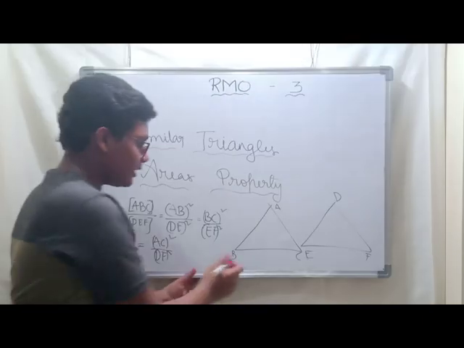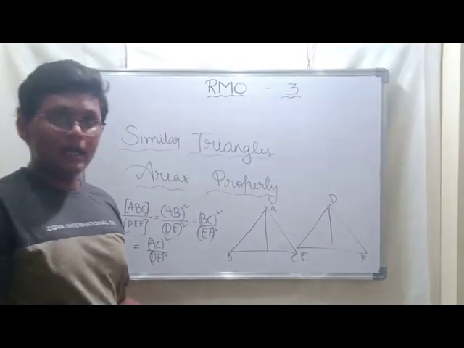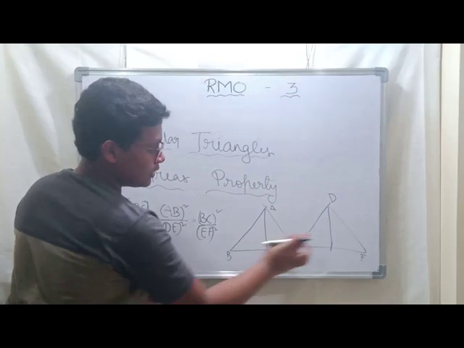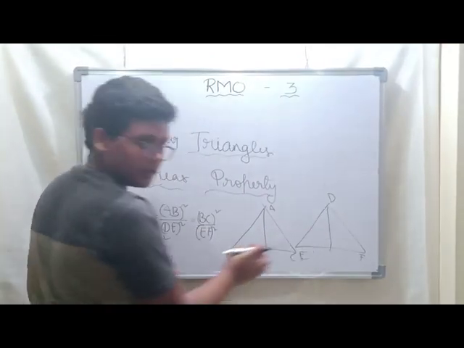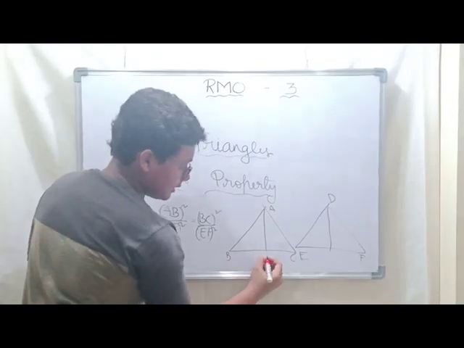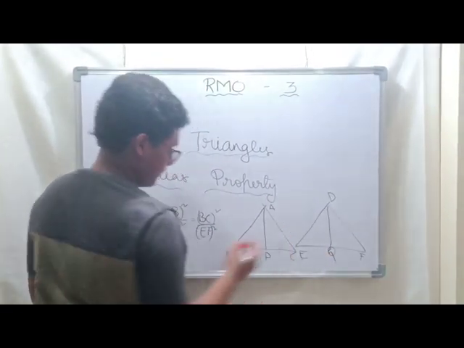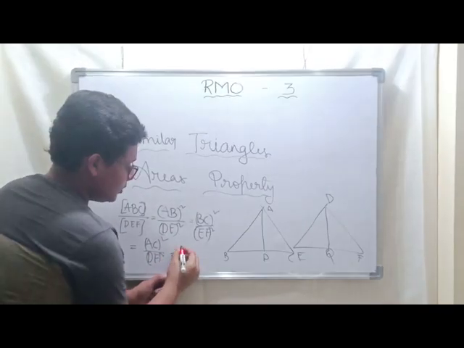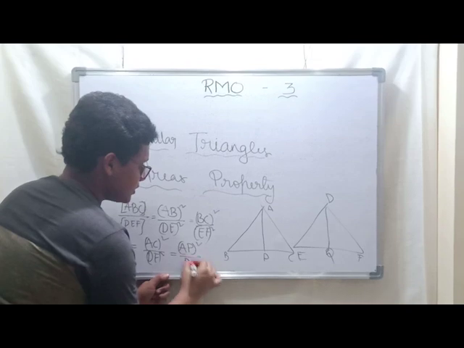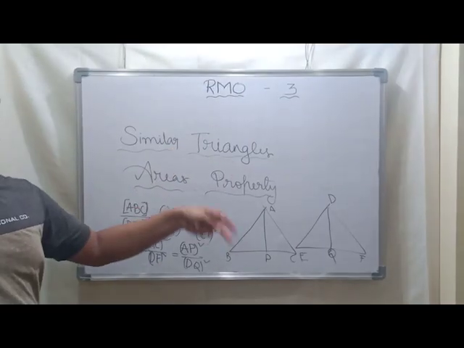It is also equal to the ratio of the squares of the lengths of the medians. Taking P and Q, it is also equal to AP square by DQ square. This is the areas property based on similar triangles.